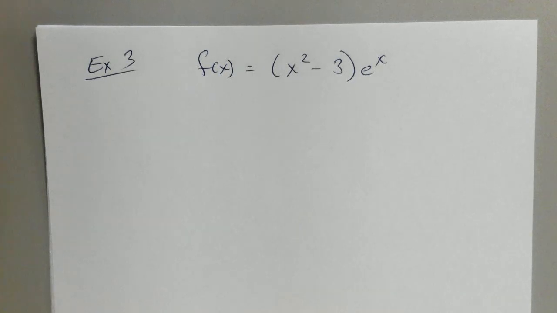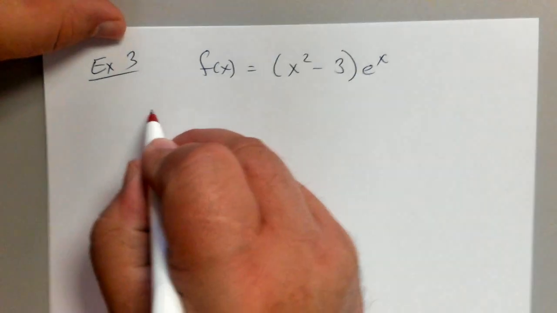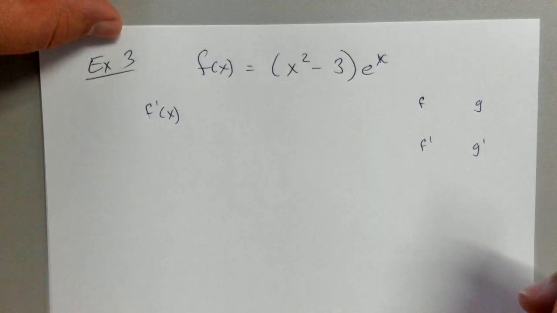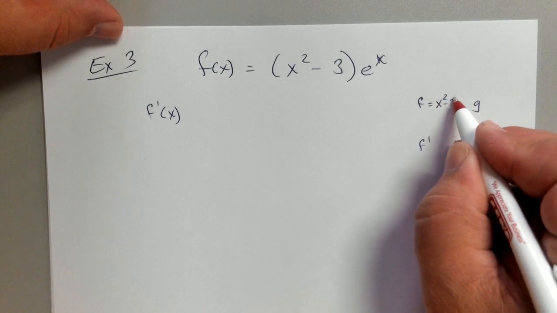Let's look at this. The first thing we have to do is find our derivative. Easiest way here, since it has x's on both of those, let's use the product rule. So this one is x squared minus 3.